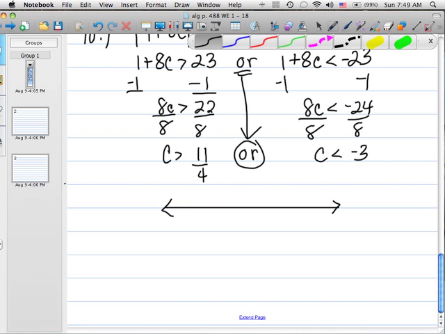And we have negative 3. 11/4 is 2 3/4, so it's going to be between 2 and 3, so this is 11/4 right here. And we have an open circle at negative 3 shaded to the left, open circle at 11/4 shaded to the right. And this is our solution.